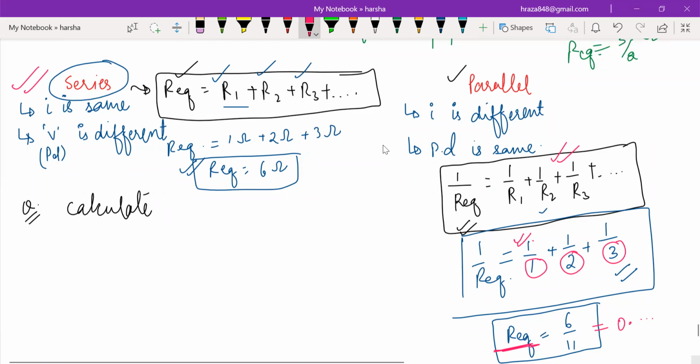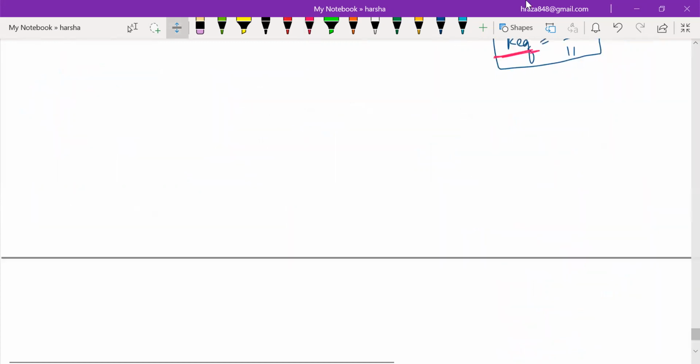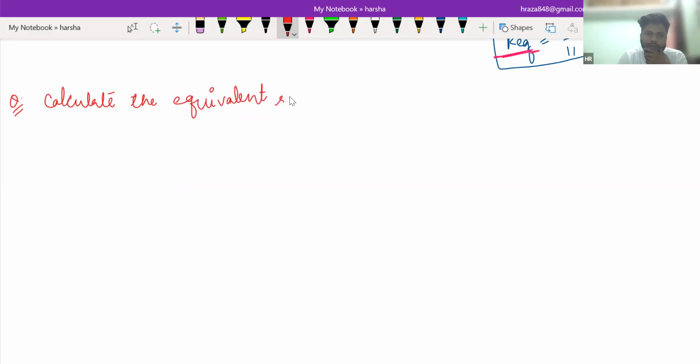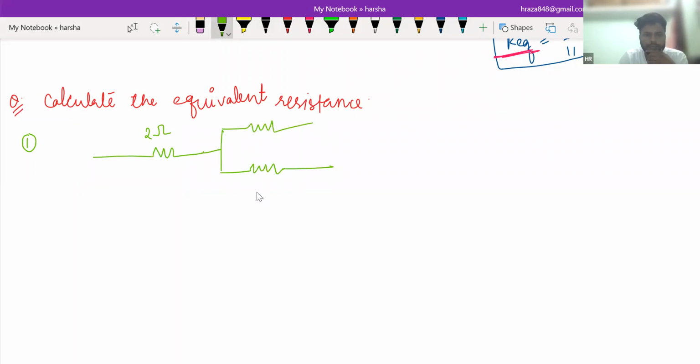Okay, I'm going to give you a question. So here is the question. Calculate the equivalent resistance. The first one goes like this is 2 ohm. This is 1 ohm and this is 2 ohm.